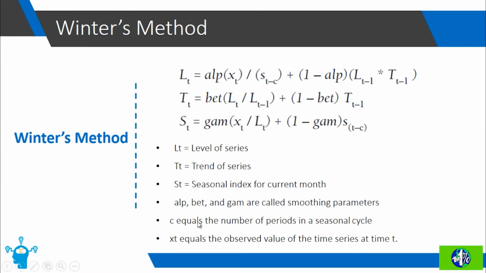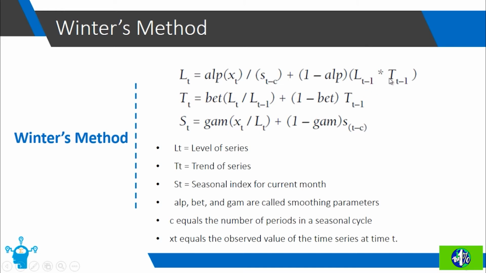Now if you look at the equation for L, it has two parts. One is alpha multiplied by a term and the other is 1 minus alpha multiplied by the second term. The first term is representing the effect of sales in that particular period of time. So it is the most recent observation for that period of time.